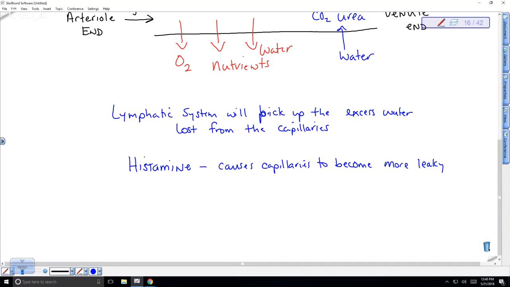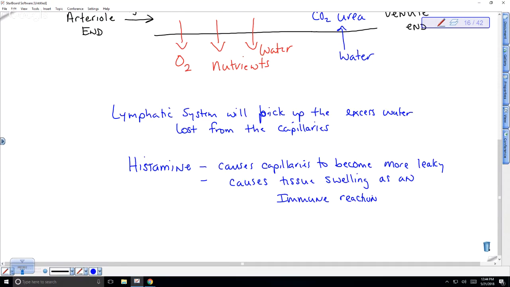So it causes the capillaries to be more leaky, and this causes tissue swelling as an immune reaction. So I'm probably fighting off a virus. You can take antihistamines and you'll breathe better, right?